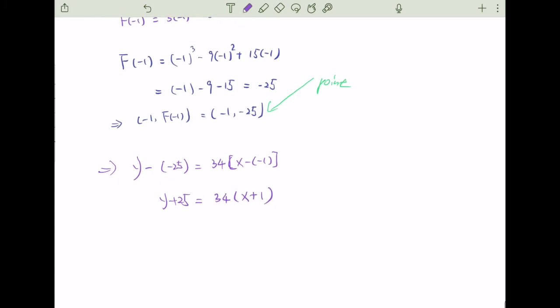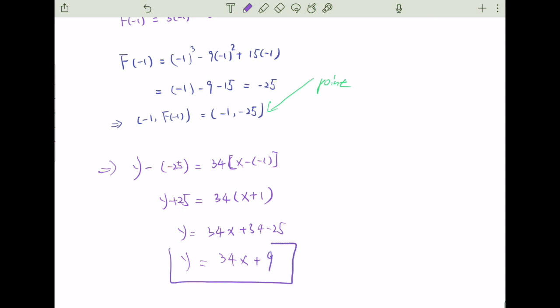And then we have y equal to 34x plus 34 minus 25, which is y equal to 34x plus 9.